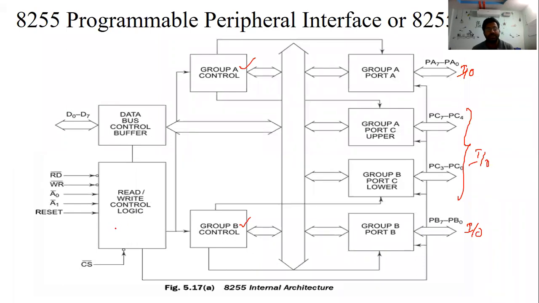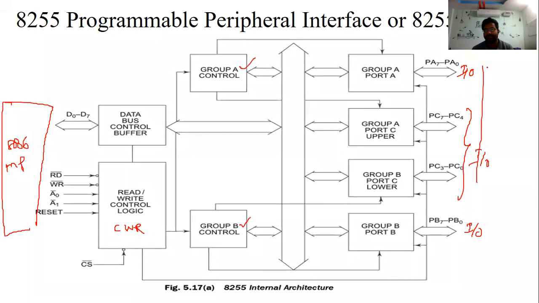In this read and write control logic, we have the CWR, the control word register. This is the microprocessor, the CPU, the 8086 microprocessor. We connect the external input or output devices here, only three devices at a time.